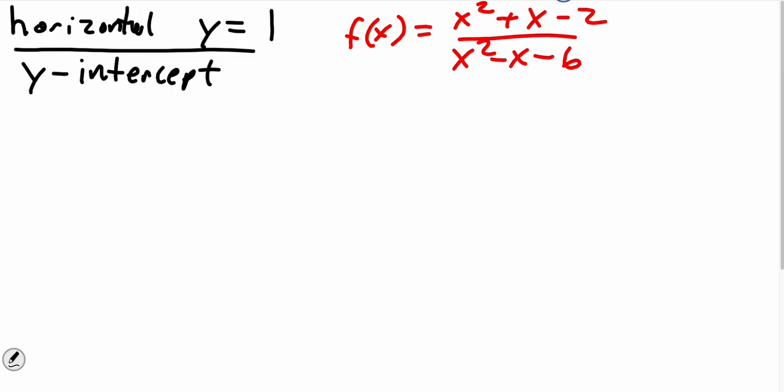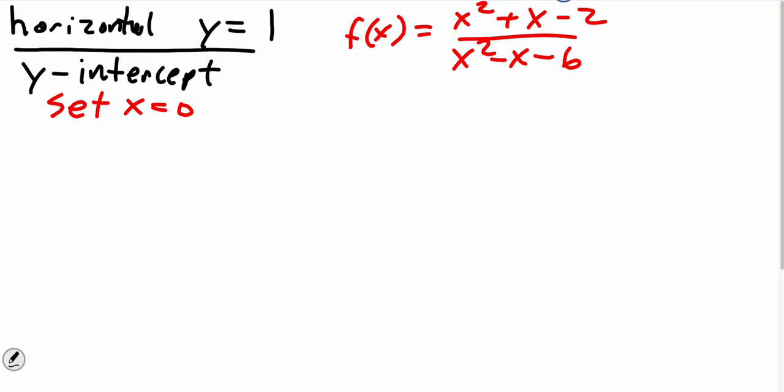Y-intercept, but this is the same thing we've done for all y-intercepts. 1/3. What are you doing? -2 over -6. But what are you actually doing? You're putting a 0 into x. So set x equal to 0, put that in. If I put a 0 into the x squared on top, that's 0. 0 into the x on top, it's 0.